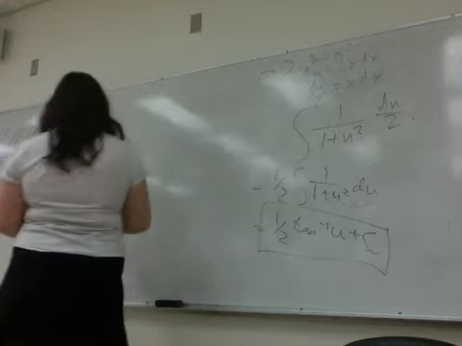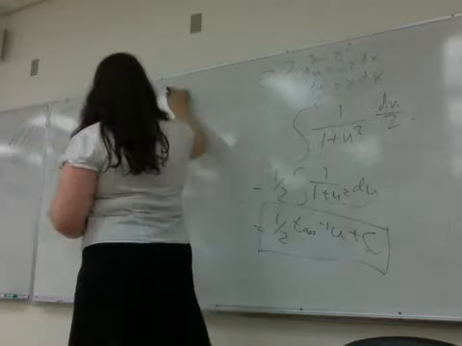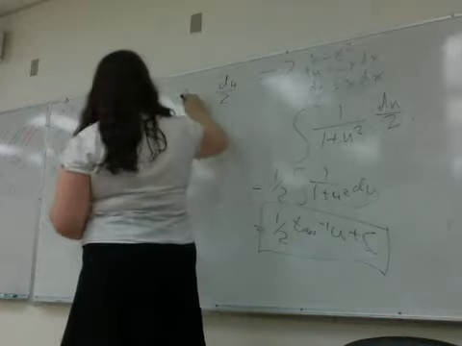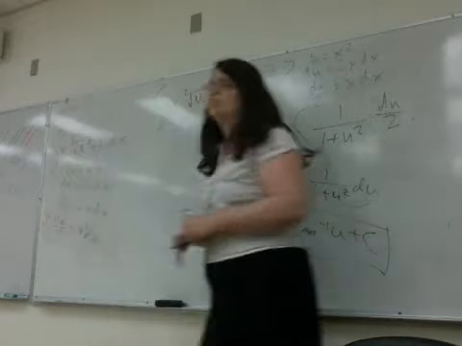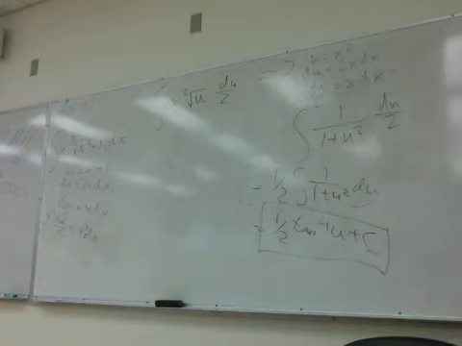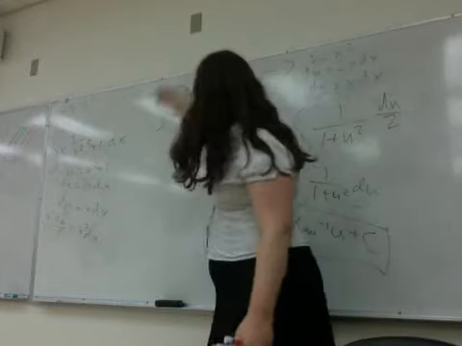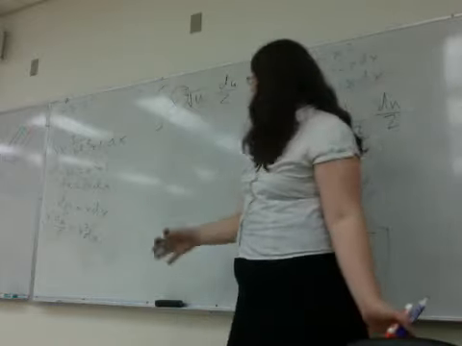So when I do that, I will get x squared du over 2, and the square root of x squared plus 1 will become the square root of u. Now this is one of these integrals where I have both x's and u's.